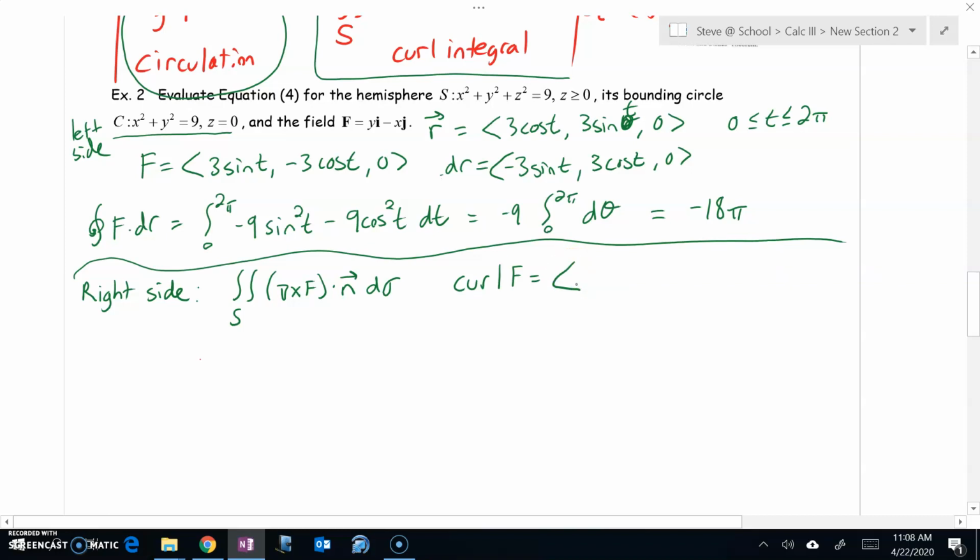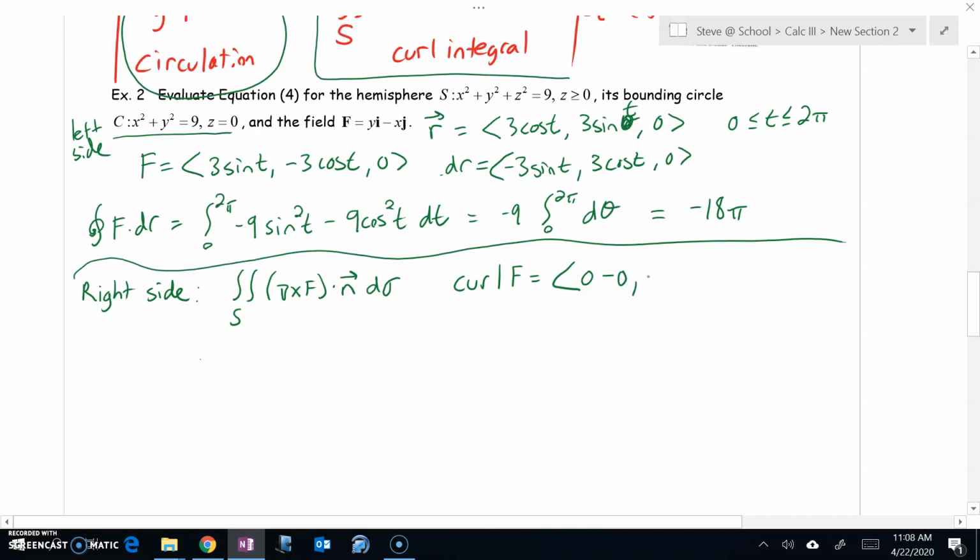So you're first going to do dp dy minus dn dz. Well, if you look at f, dp dy, there is no p, so that's 0. And then there's no z in the other pieces, so dn dz will be 0.